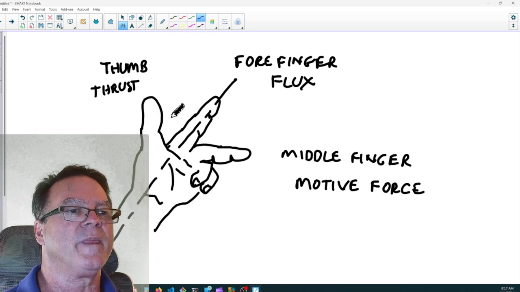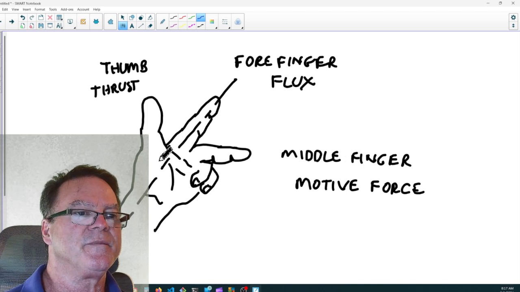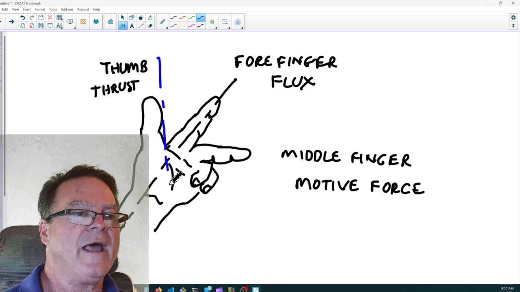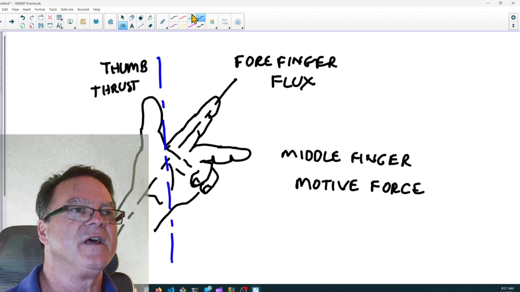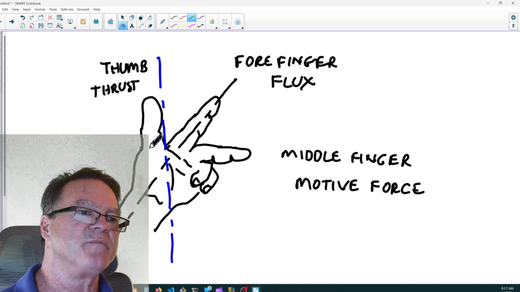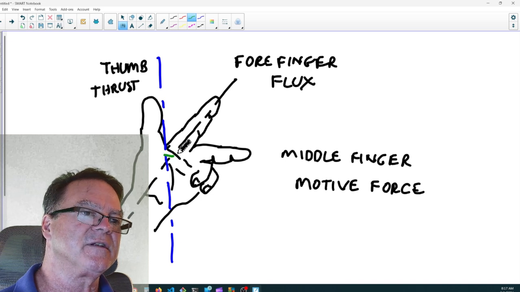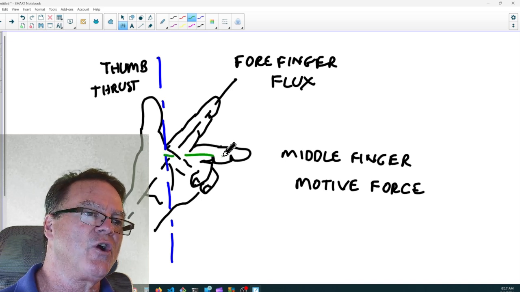So the thumb is thrust. Basically, what we're making is the XYZ axis. And then the middle finger is motive force, and basically that is the current flow in the conductor.